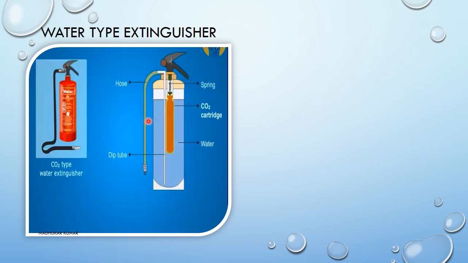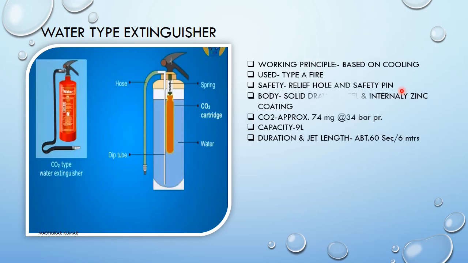Here you can see this is the handle, this is the safety pin, this is the hose in which the small nozzle is attached, and this is the puncturing device which has the spring loaded mechanism, and this is the CO2 cartridge which will act as a propellant, and this is the complete water content inside it. This is the main important thing, the dip tube, which will ensure complete use of the water content, and the outer container is this.